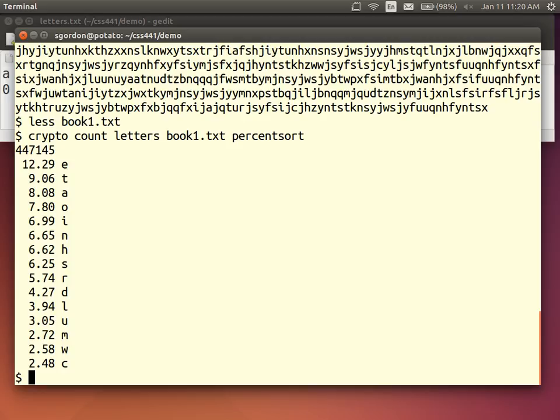The next most frequent letter is T, about 9% of the time. I've only listed the first 10 or so. If you look at all of them, you'll find Q, Z and X are the least frequent letters. That holds commonly in other texts. It'll be different, but E, T, A, O are usually the most frequent letters in English texts.